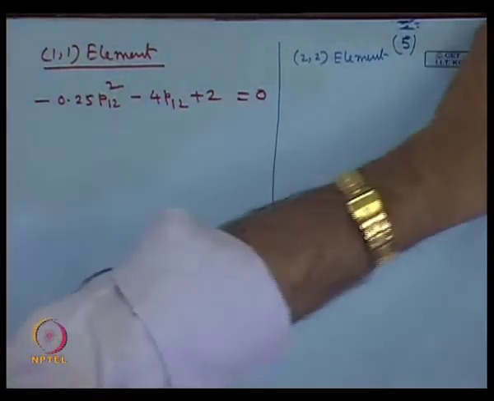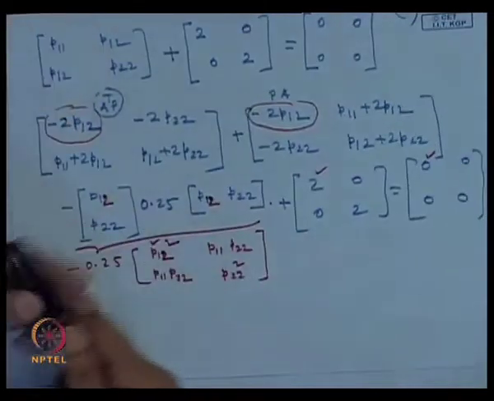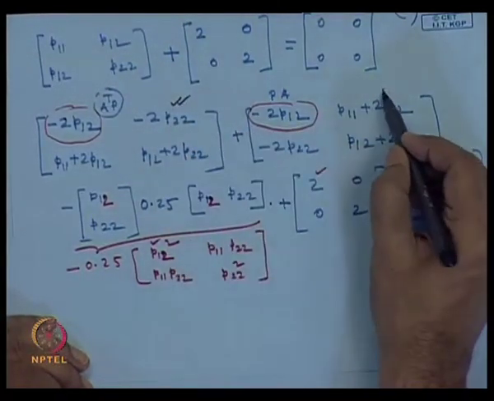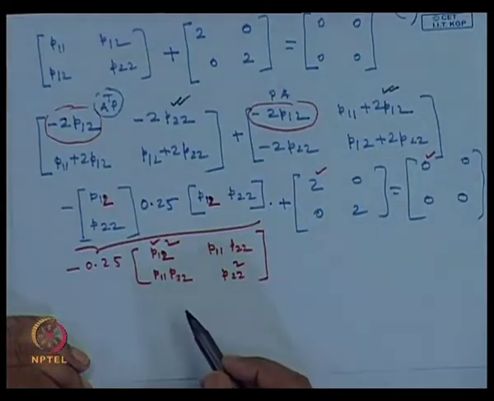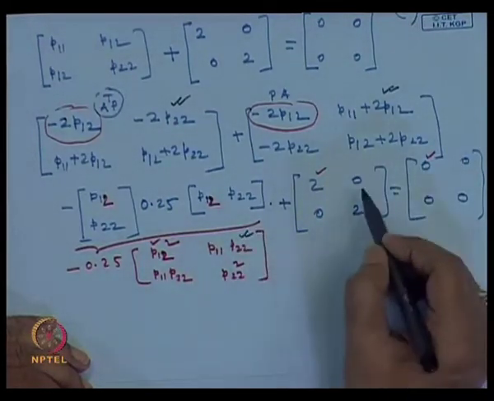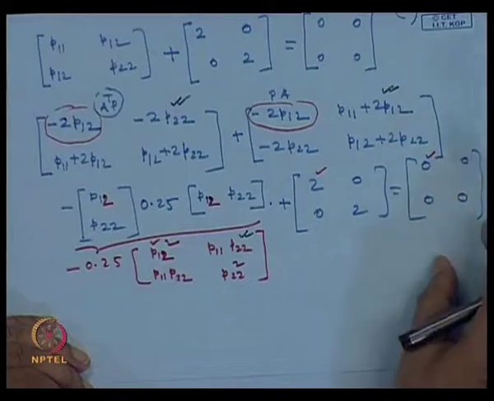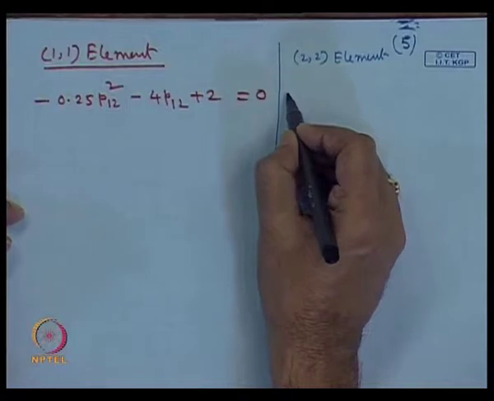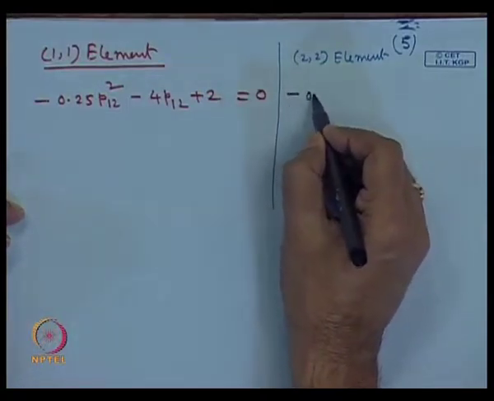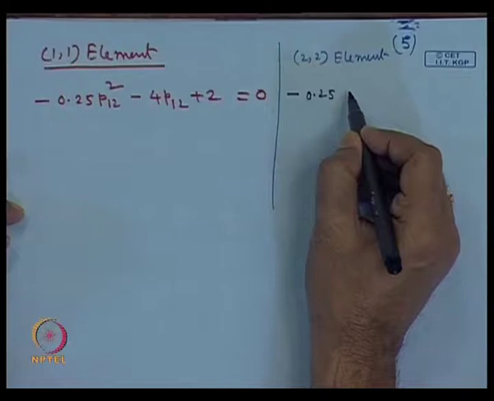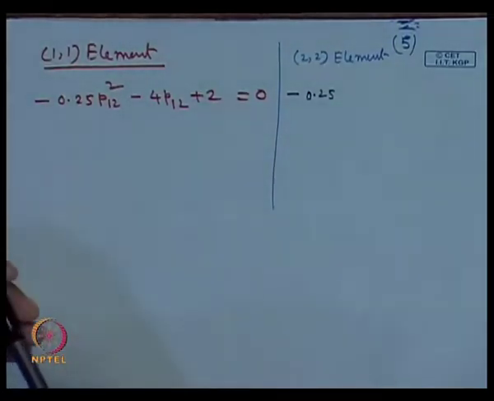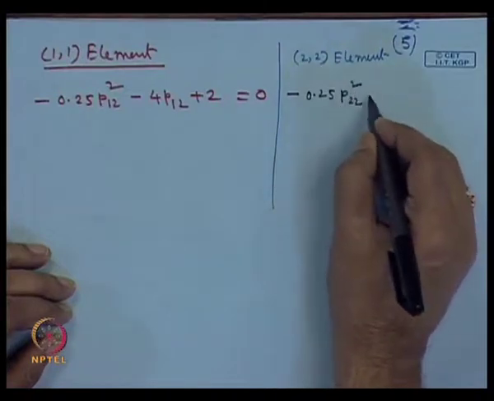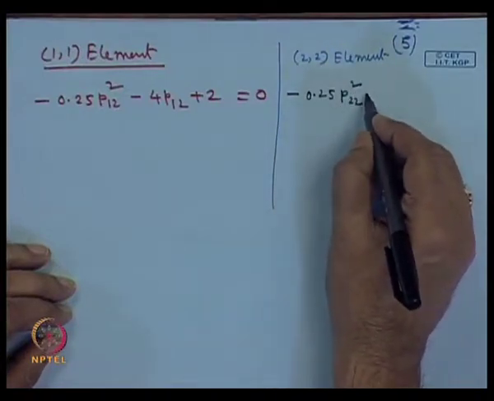The 2 2 element is this one. You see, this plus this is the 2 2 element, and here the 2 2 element is this one, plus the 2 2 element is 0 on the right hand side. So, for the 2 2 element, minus 0.25 P 2 2 square minus 2 P 2 2, then you will get twice.